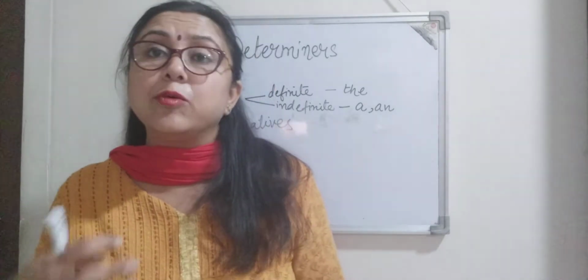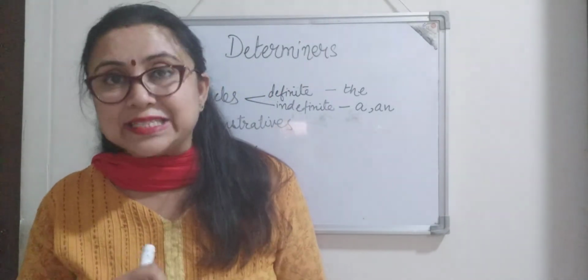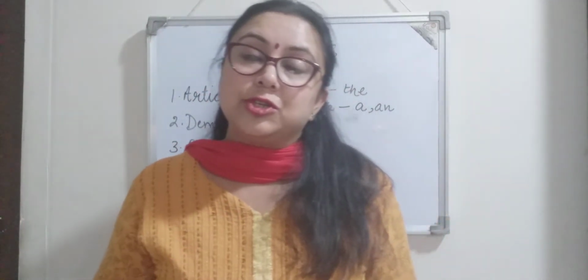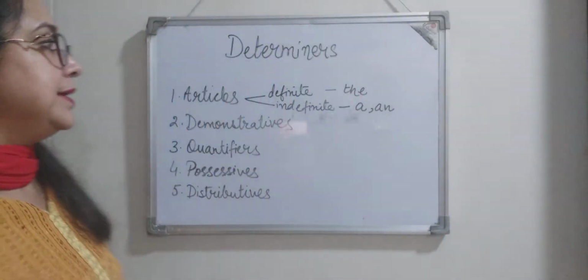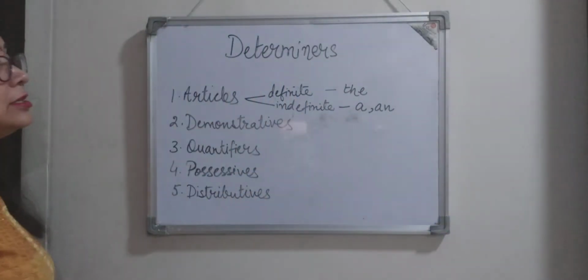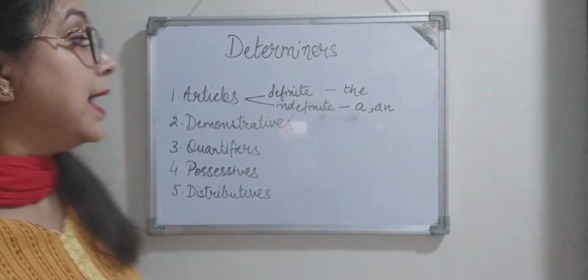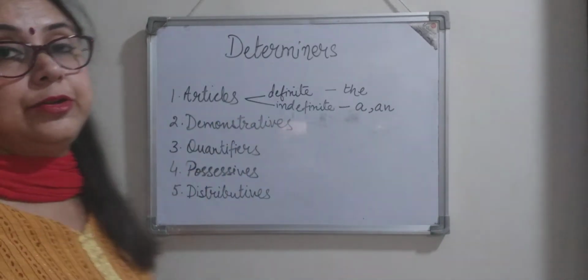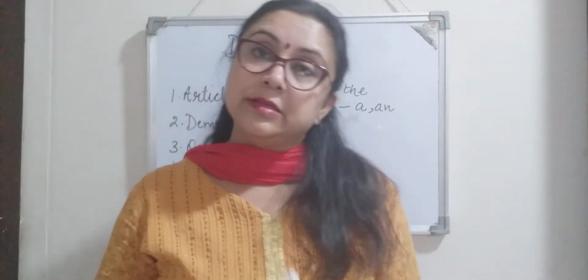So I would go for any pencil. Here I'm not talking about anything specific, right? I would write with any pencil that I get. Fine. So, definite article the is used where we talk about a specific thing, and indefinite articles a and an are used when we talk about anything in general.